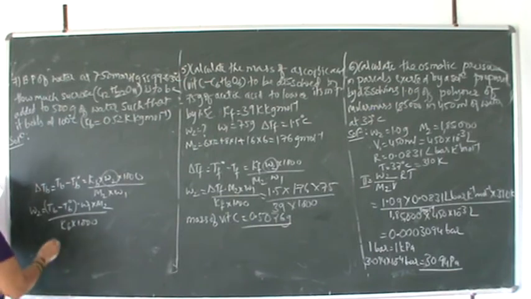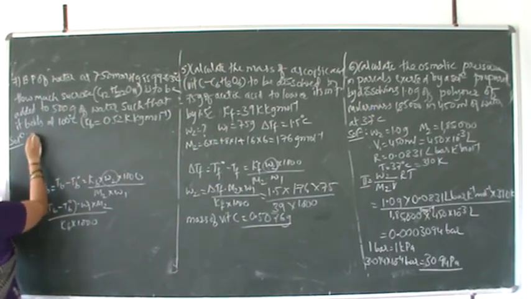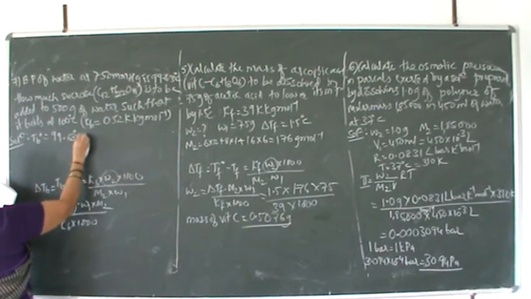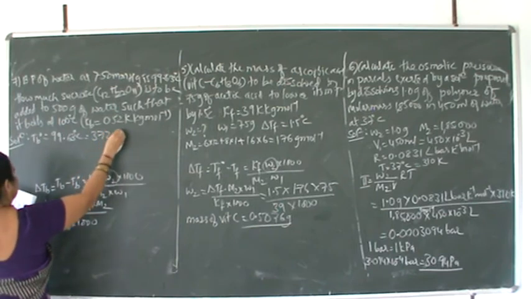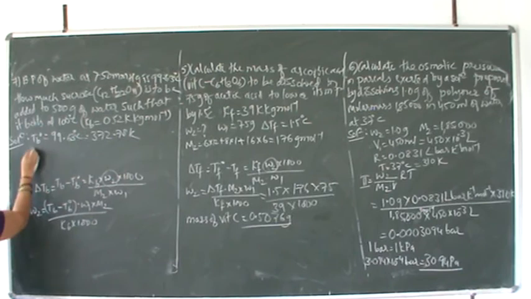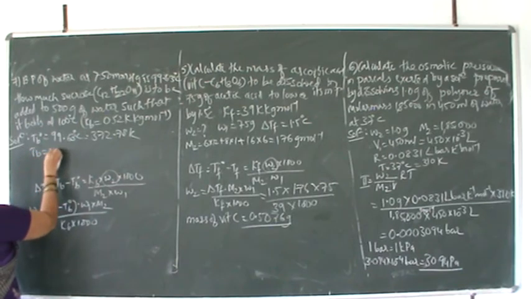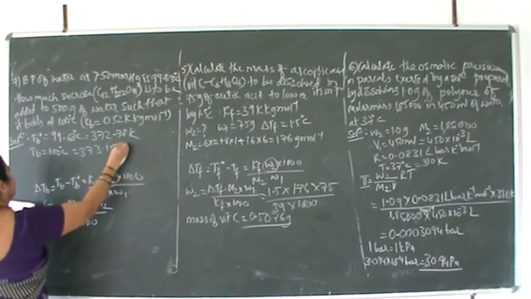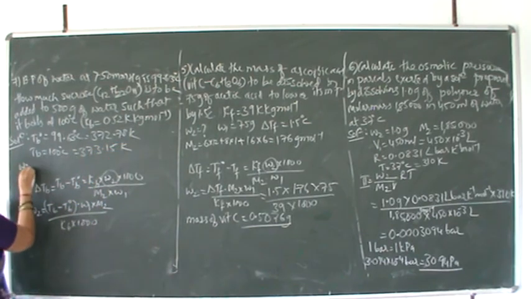So boiling point of water, TB naught is equal to 99.63 degrees, 372.78 Kelvin. TB is equal to 100 degrees, 373.15 Kelvin.